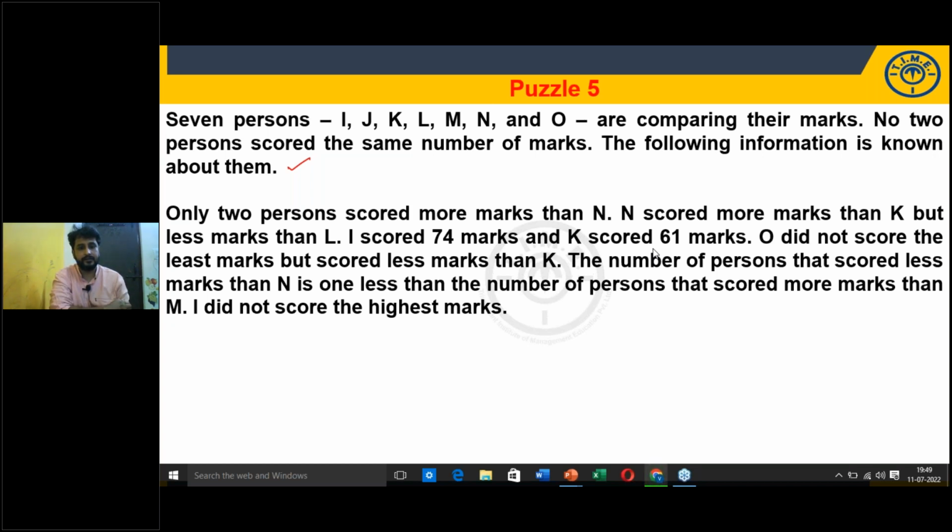Yes, Kavya, your answer is correct. Good. You completed in less than 2 minutes.